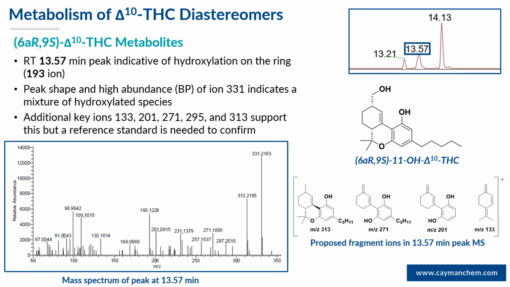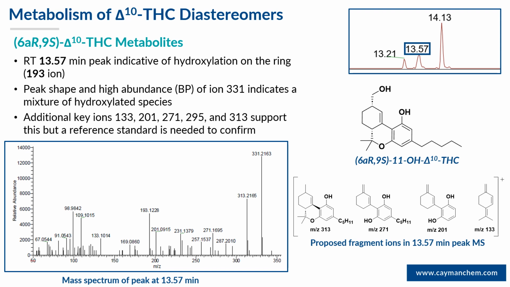When we look at the next most abundant peak, the peak at 13.57 minutes, we see in our mass spectrum the 193 ion, which indicates hydroxylation on the ring system. Now the peak shape and the high abundance of the molecular ion 331 indicates we could have a mixture of hydroxylated species. In this case, it could be the 11 hydroxylated metabolite or the 7 or 8 position hydroxylated metabolite.